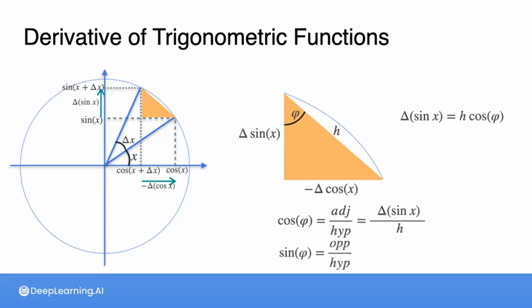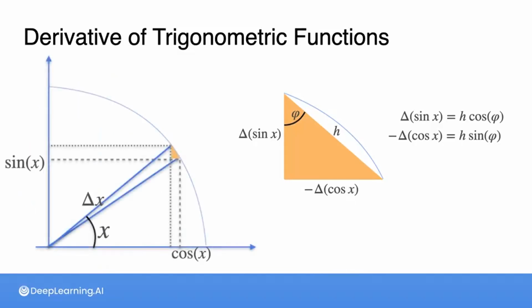Similarly, the sine is equal to the opposite divided by the hypotenuse. In this triangle, the opposite side is negative delta cos x, while the hypotenuse is again h. Therefore, negative delta cos x is h sine of phi. Now what happens as delta gets smaller and smaller?